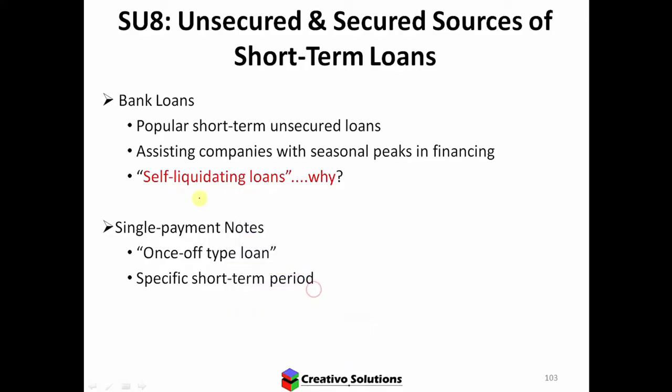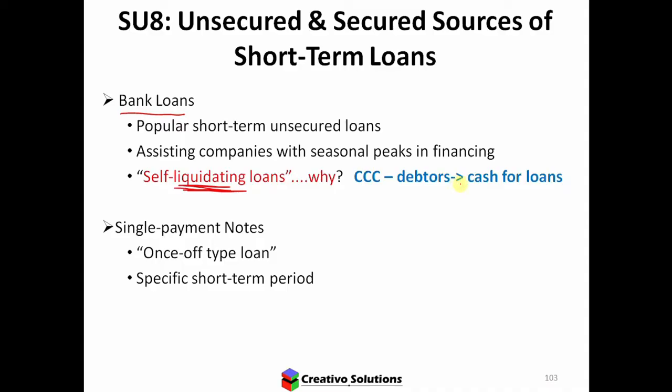Think about paying off loans. Why would a business call these bank loans self-liquidating? Because they would be terminated. Yes. Okay, a bank loan has a term that ends. It's part of your financing.